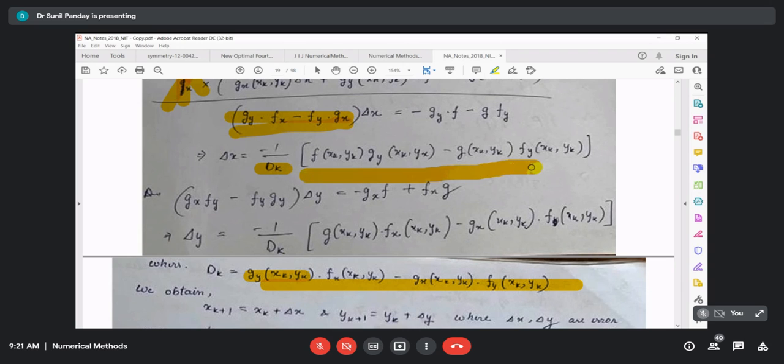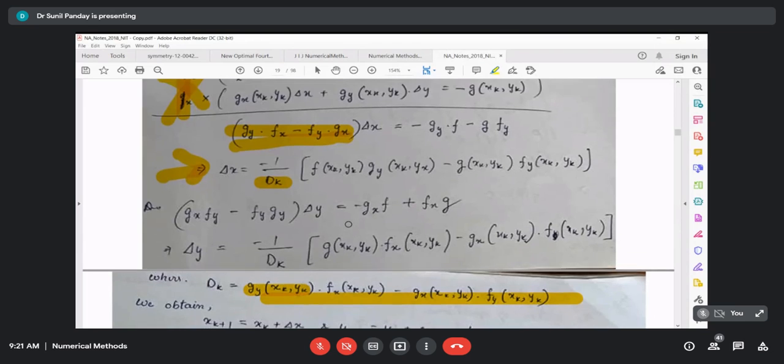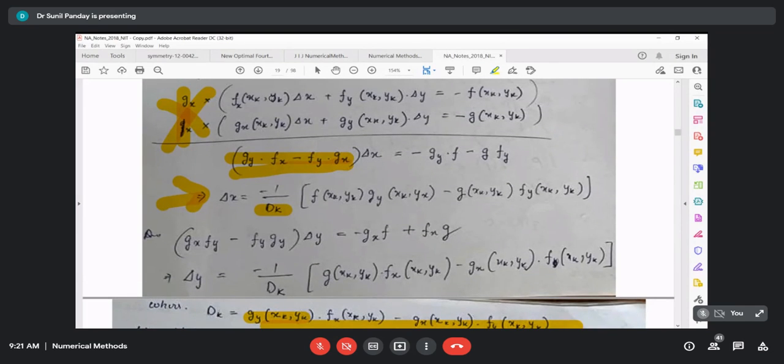So we have obtained the value of the error, because we are saying that this delta x is the error. So this error we have obtained in x. Similarly, we now multiply this equation by gx(xk, yk) and this by f(xk, yk), and then the minus part will cancel out and this part will remain with us.